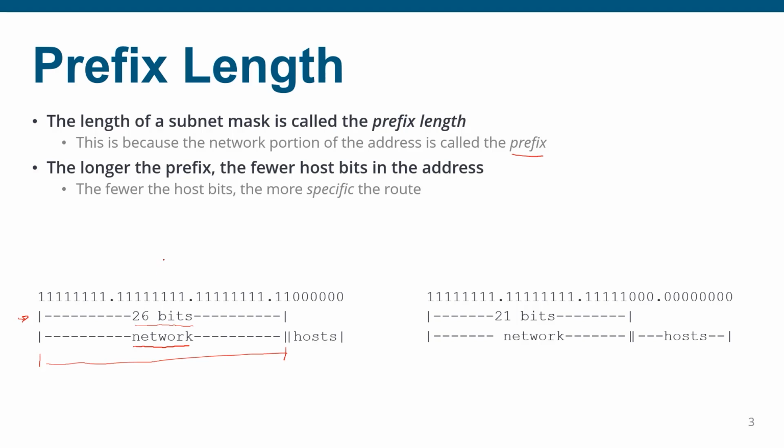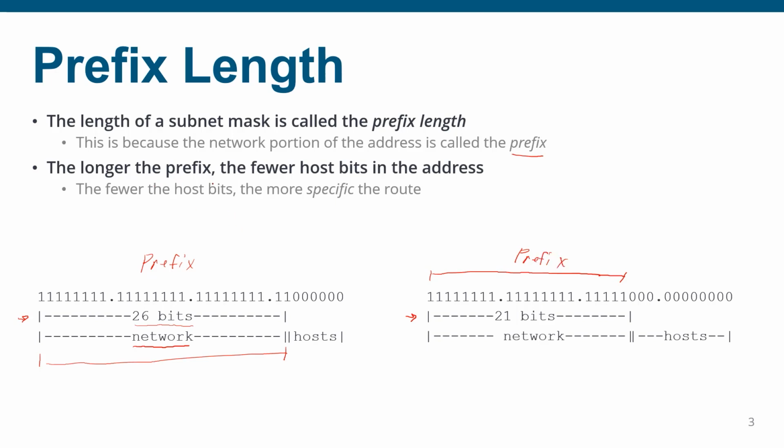Or you could say the prefix is 26 bits long. Similarly, with a 21-bit subnet mask, we have 21 bits in our prefix.